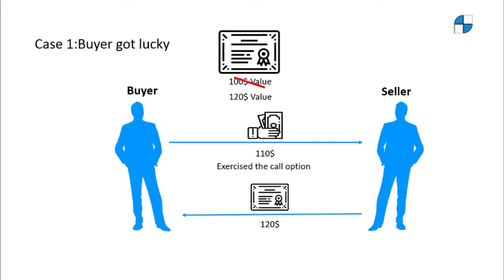Suppose the price of the stock had climbed to 120, and the buyer can exercise his call option, which is to buy the stock at the price of 110 from the seller. You can see this price 110 is obviously lower than the market price 120. So let us see the profit and the loss from this trade.